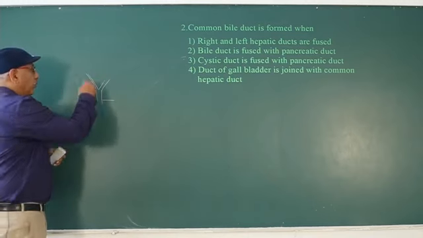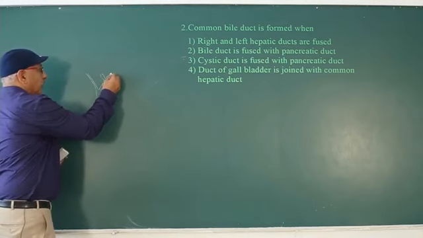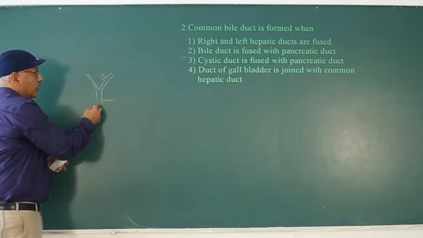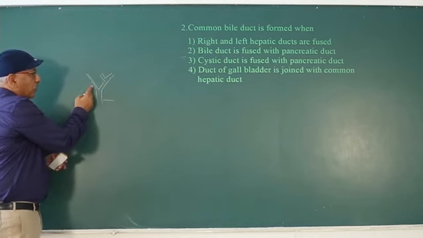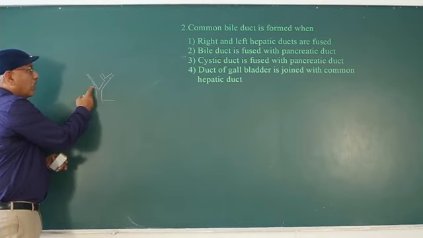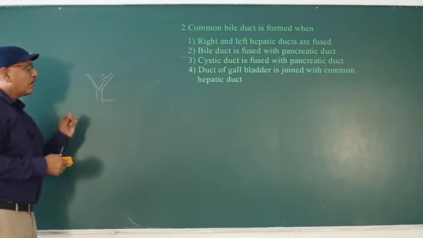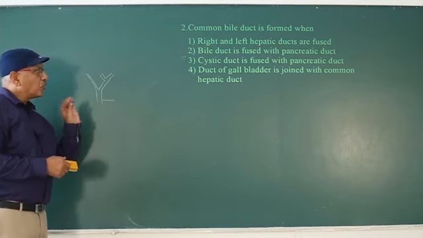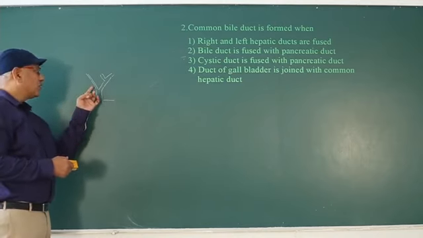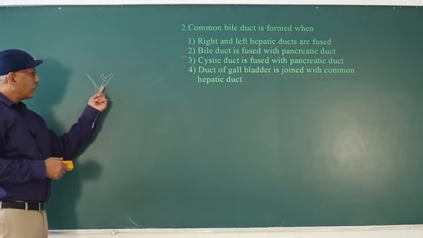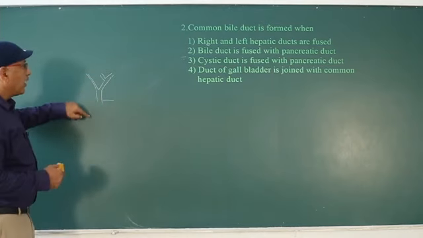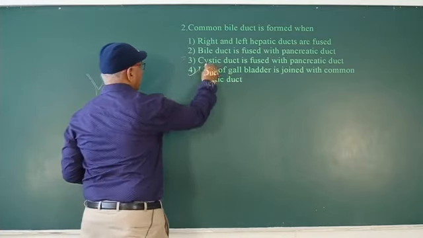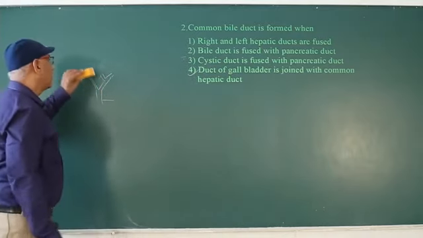From each lobe of the liver, one hepatic duct; the two hepatic ducts unite and the common hepatic duct is formed. The duct always associated with the gallbladder is known as the cystic duct. So the answer is 4.